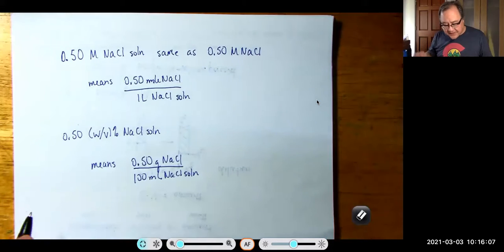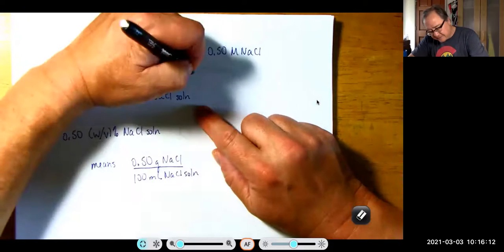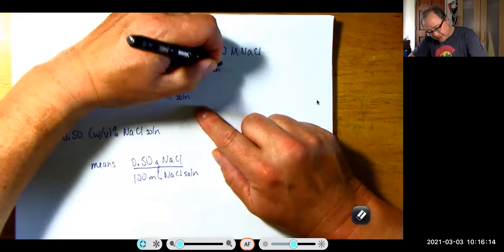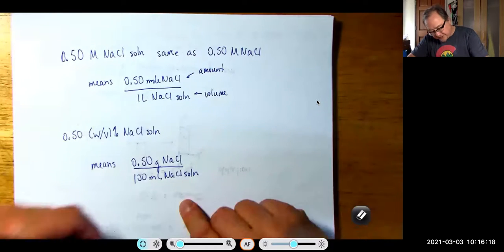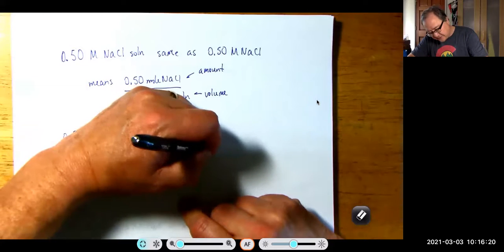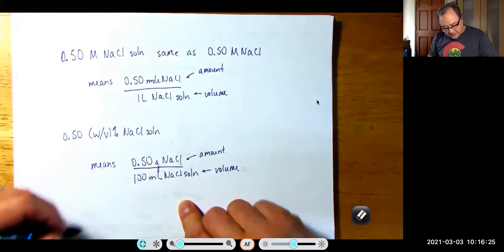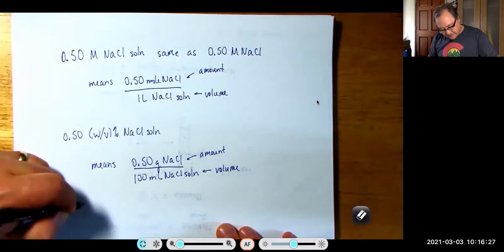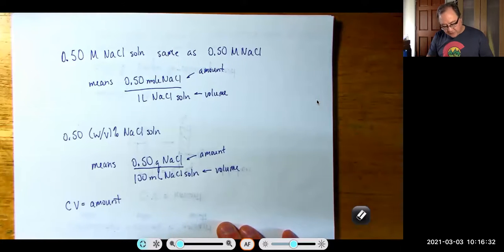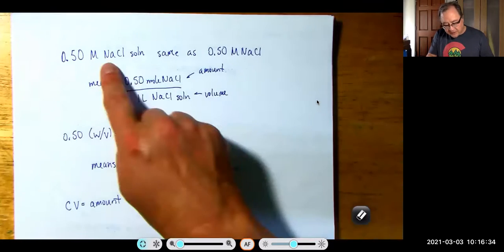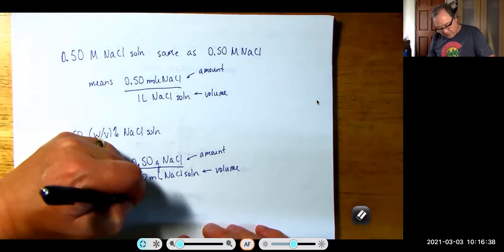So the idea here is that this is an amount, and this is a volume. And here, this is an amount, and this is a volume. So we can go back to that formula, CV equals amount. If your concentration is molarity, your amount will be moles.